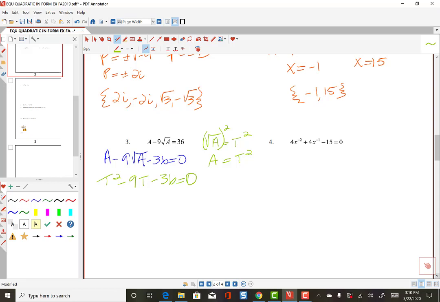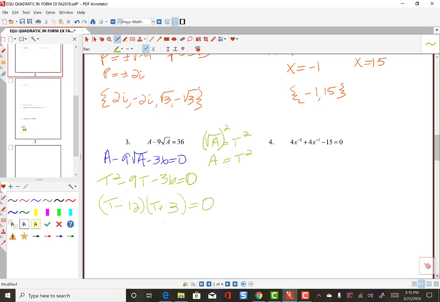Again, this looks factorable to me. We want factors of 36 that are going to differ by 9. So I'm thinking this is a 12 and 3 combination. Again, the negative sign here tells us that the larger number is the one that's negative.